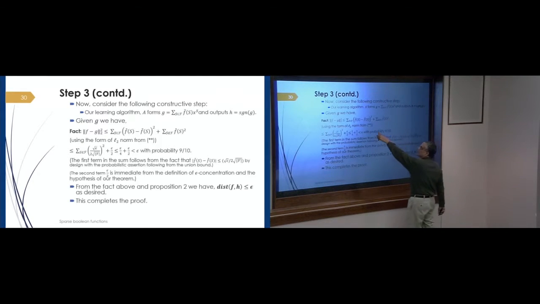This is simply the Fourier spectrum representation, and I refer to this particular form using a double star. Using that form, f minus g can be written that way. Okay? So this has two terms, the first term in the sum and the second term in the sum.